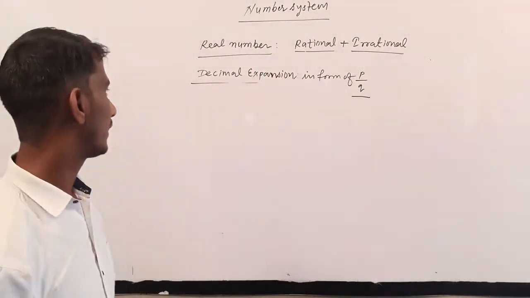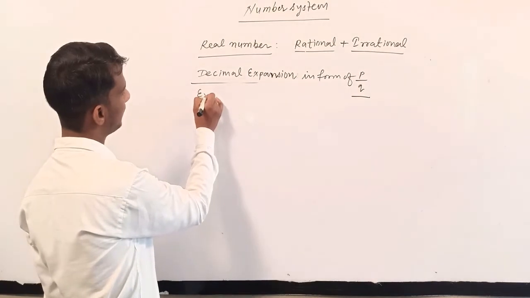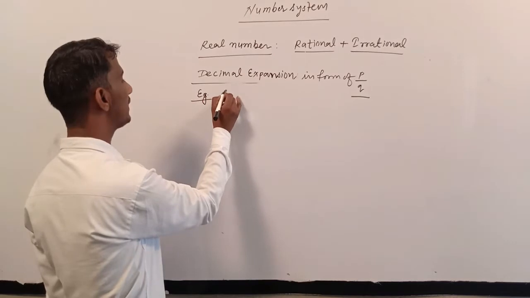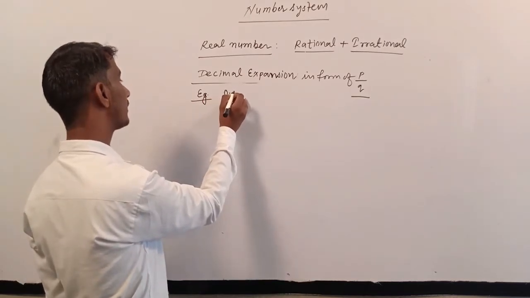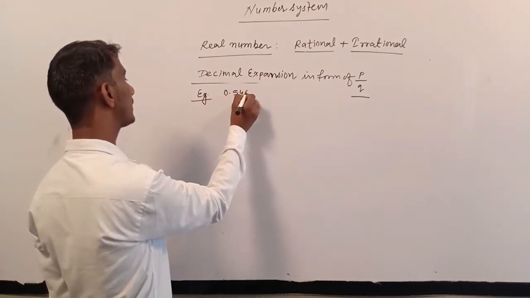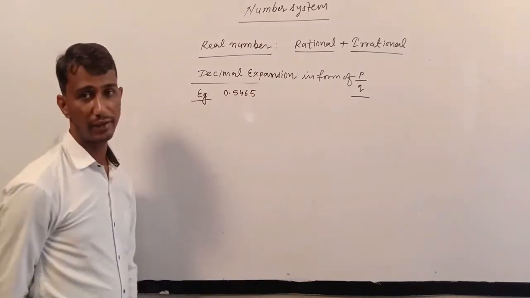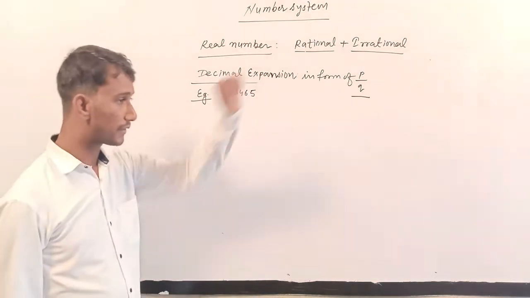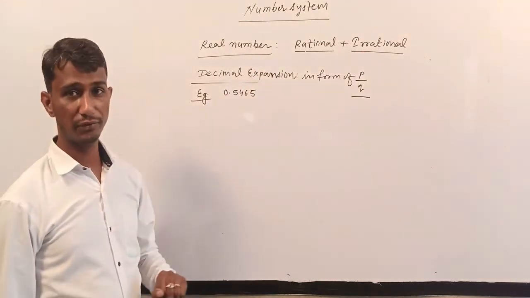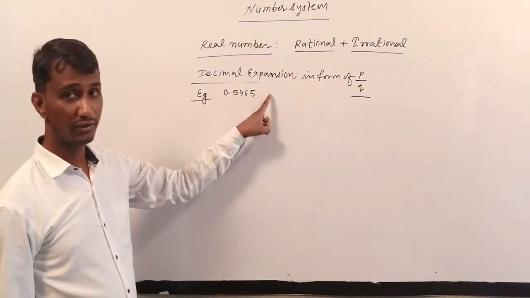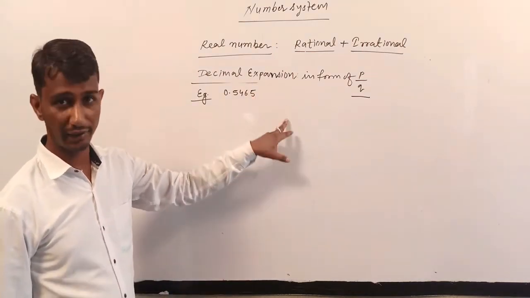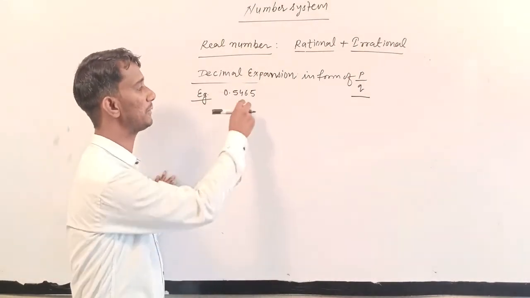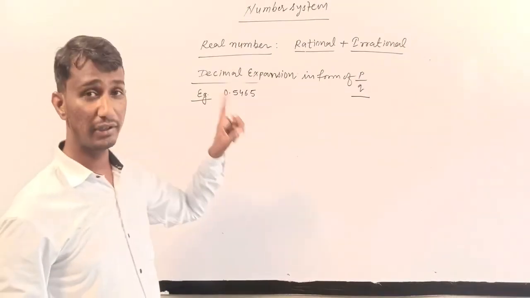Suppose, first example, we want to represent 0.5465. This is the decimal expansion of a rational number, because the division is completed after a few steps. Division is completed, which means a terminating form is given here.